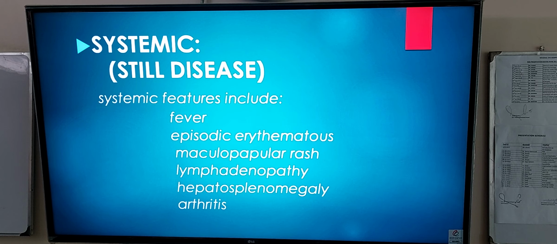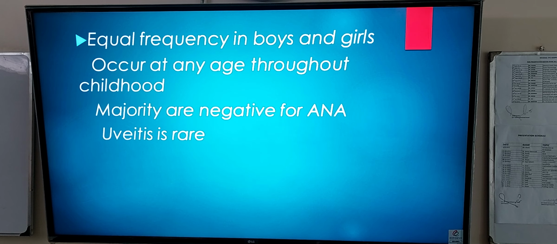Systemic features include fever, episodic erythematous maculopapular rash, lymphadenopathy, hepatosplenomegaly, and then arthritis. Equal frequency in boys and girls, and it occurs at any age throughout childhood. A majority are negative for anti-nuclear antibody, and uveitis is rare.